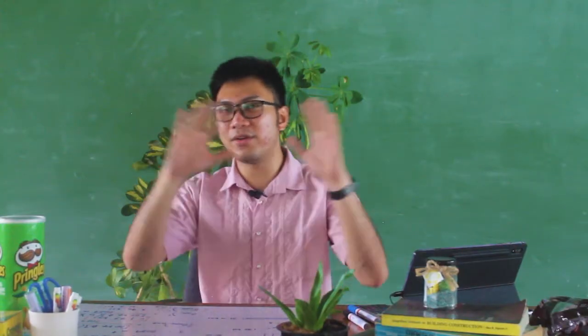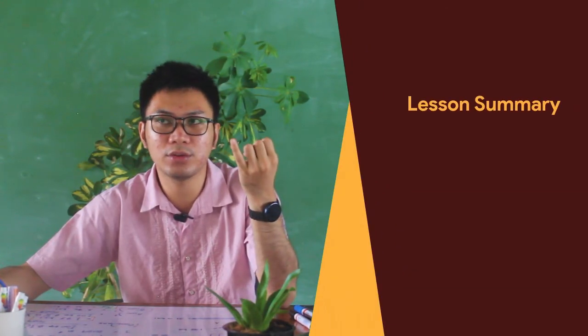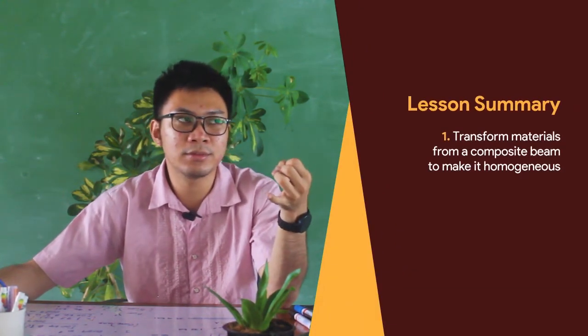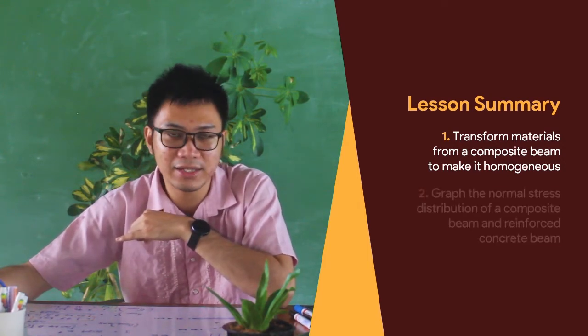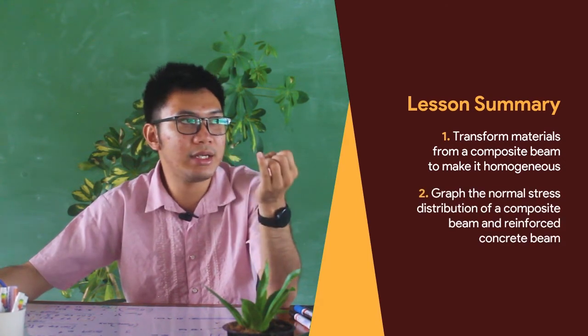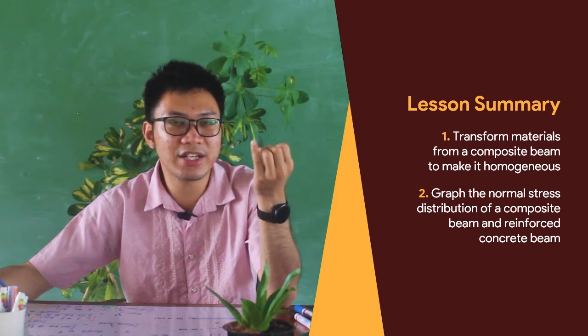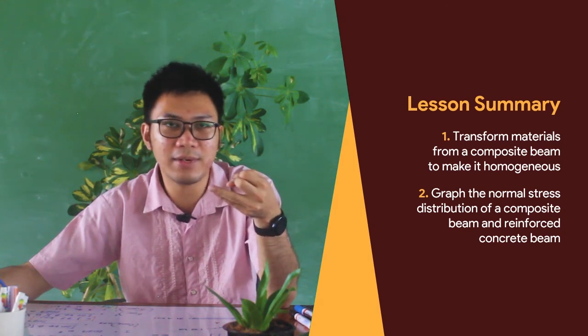So, as a summary of all the lessons we have dealt with today, we already know how to transform a material into another material by using our transformation factor. And we know that the flexure formula can only be applied once the material is homogeneous, and we can determine the normal stress of a composite material that is subjected to bending.